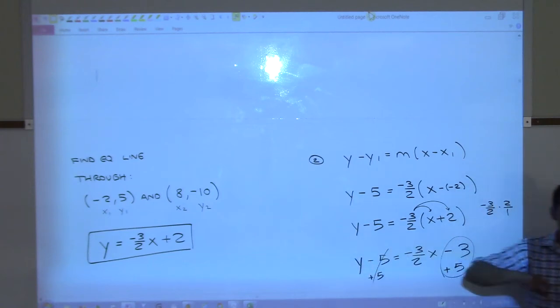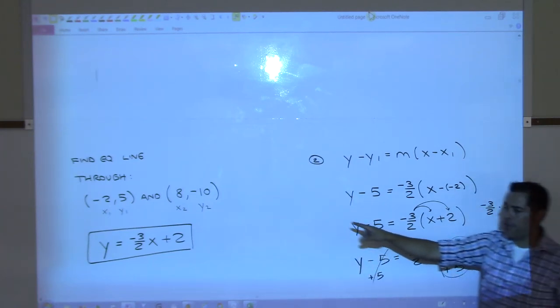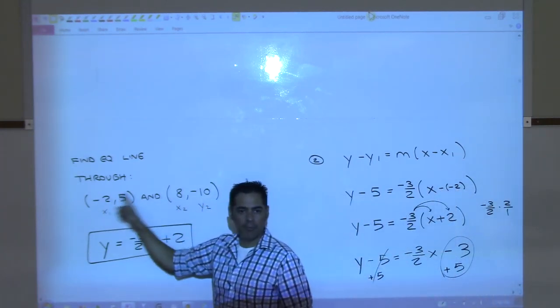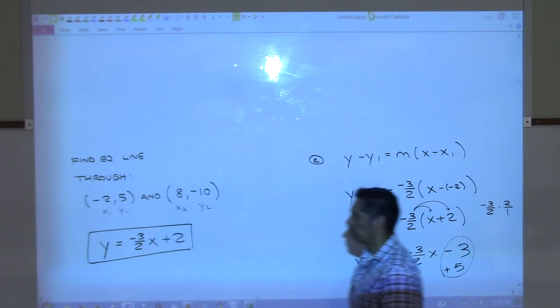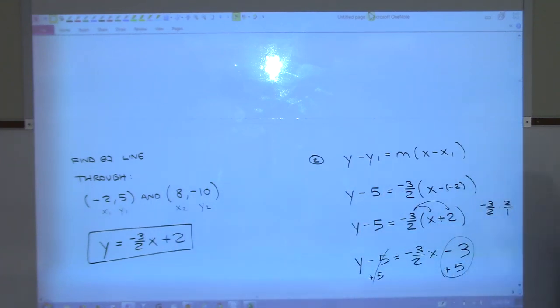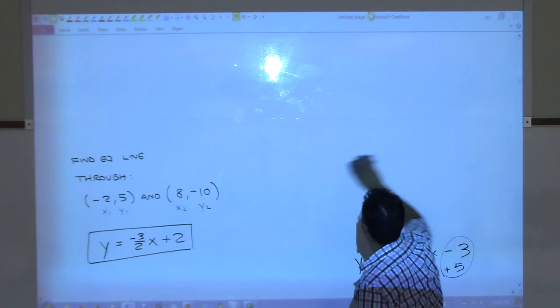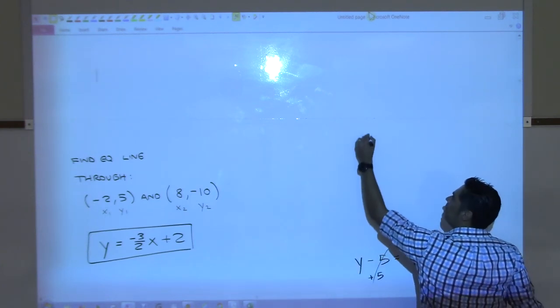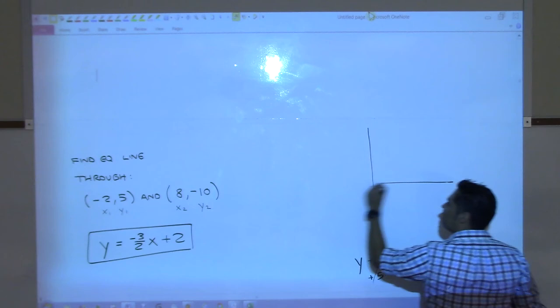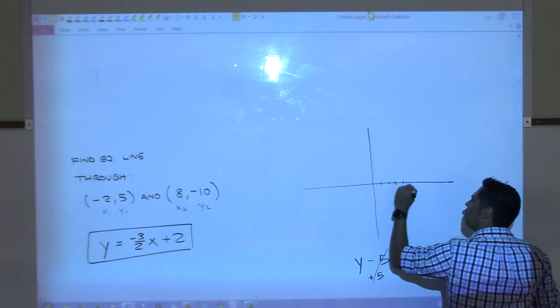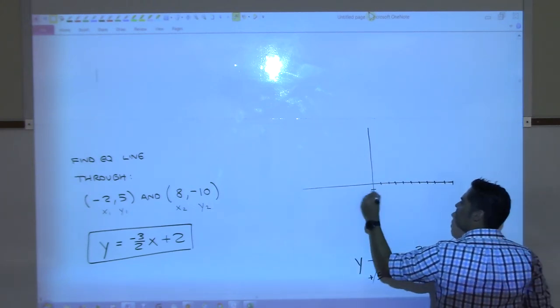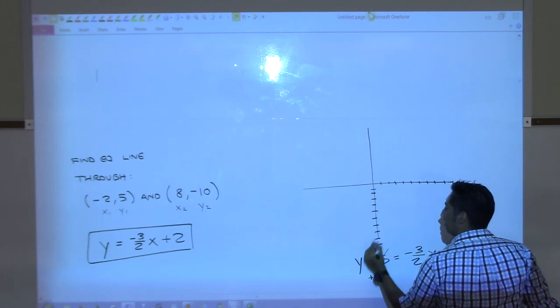If you graph that line, it should go through both of these points. All right? Do you believe it does? Do you believe we did it right? I think we did, but let me just check something real quick. I'm going to draw something really fast here. 1, 2, 3, 4, 5, 6, 7, 8, 9, 10.